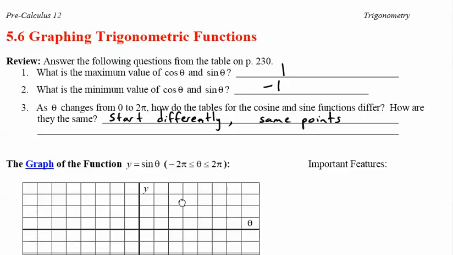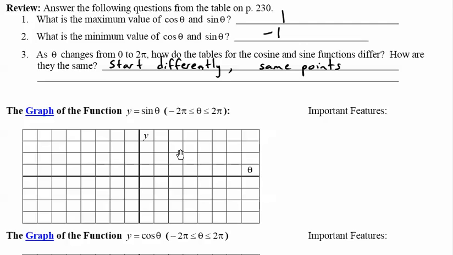So basically what we can do is we can take these special angles and we can turn them into a graph. So we're going to graph the angle on the x-axis and the height on the y-axis, or the value of the ratio. So when the angle is 0, sine is 0.